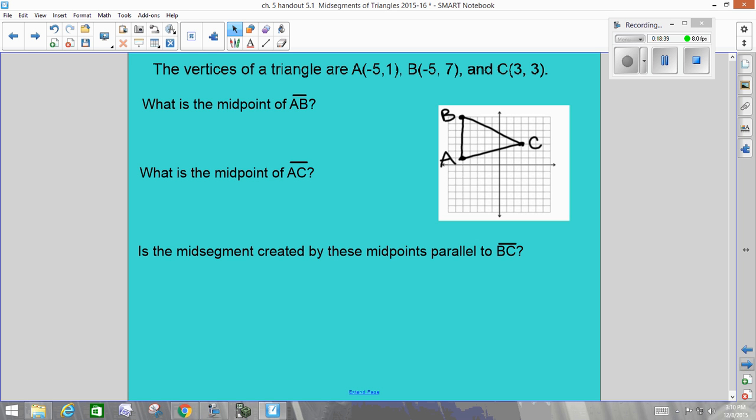How are we going to find that midpoint? Why do you giggle? Here's agree. Can we just count the midpoint? Okay. What's the midpoint of AB then?